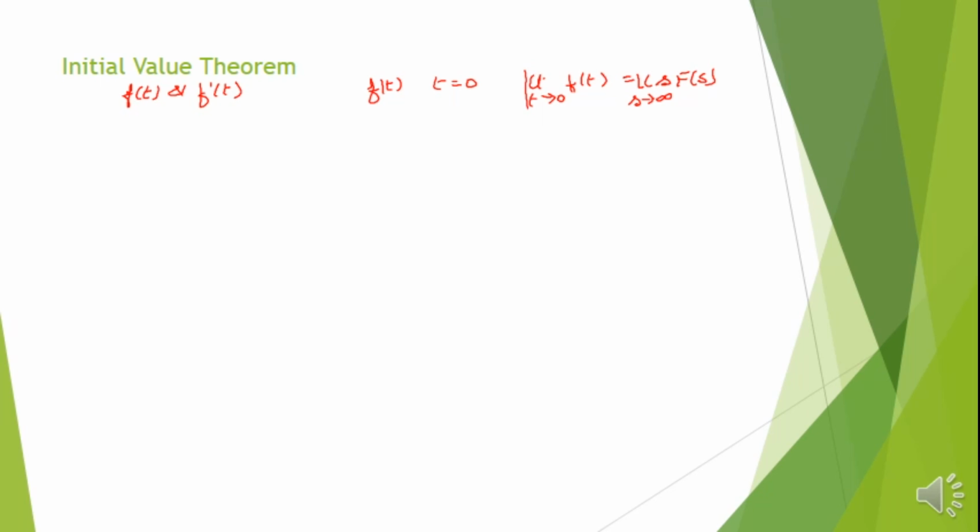So, according to the initial value theorem, limit as t tends to 0 f of t equals limit as s tends to infinity s F of s.